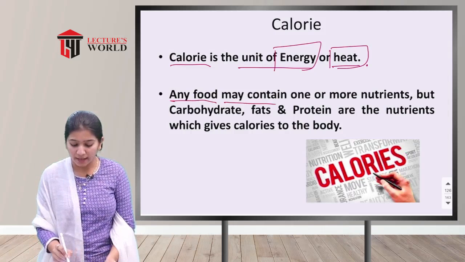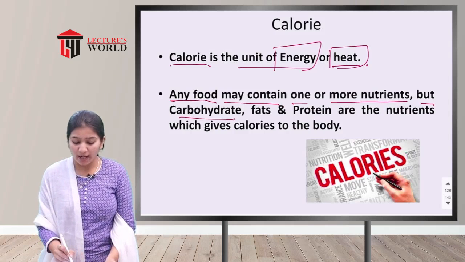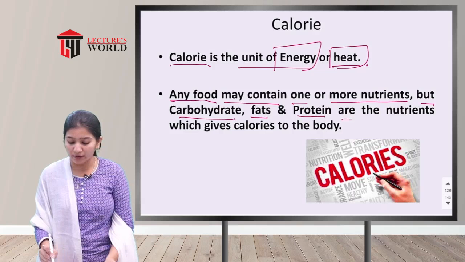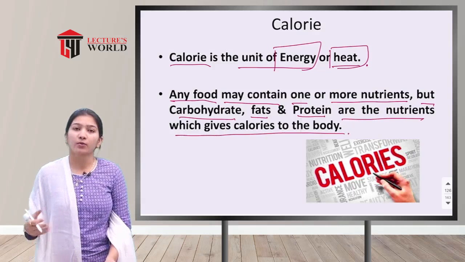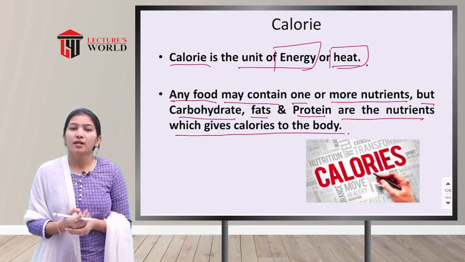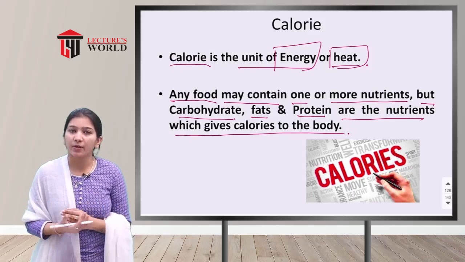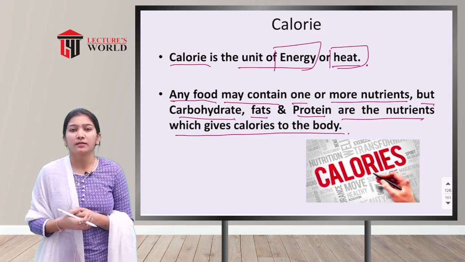Any food may contain one or more nutrients, but carbohydrates, fats and proteins are the nutrients which give calories to the body. Whenever you are having any kind of food in your diet, each food has different kinds of nutrients. In food we get 5 types of nutrients: carbohydrate, protein, fats or lipids, vitamins and minerals.